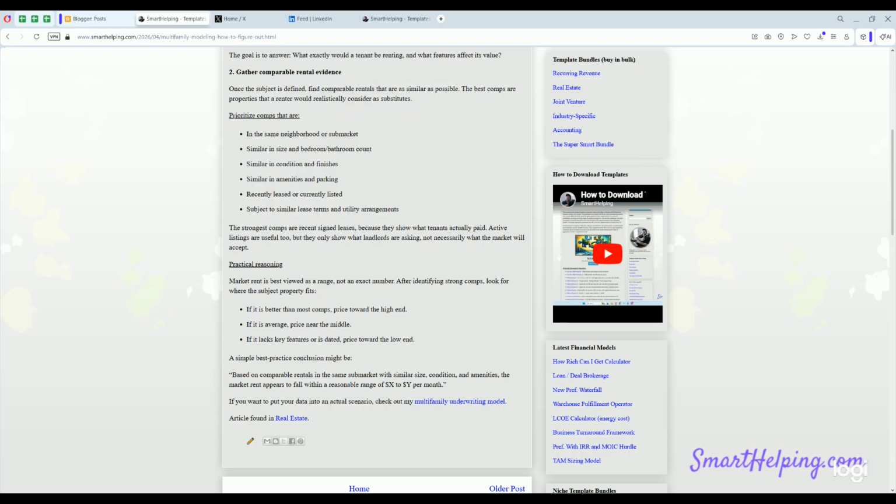We want to give the most weight to comps that are in the same neighborhood or submarket, similar in size, so bed and bath, condition and finishes, amenities and parking, recently leased or currently leased, subject to similar leases and utility arrangements.